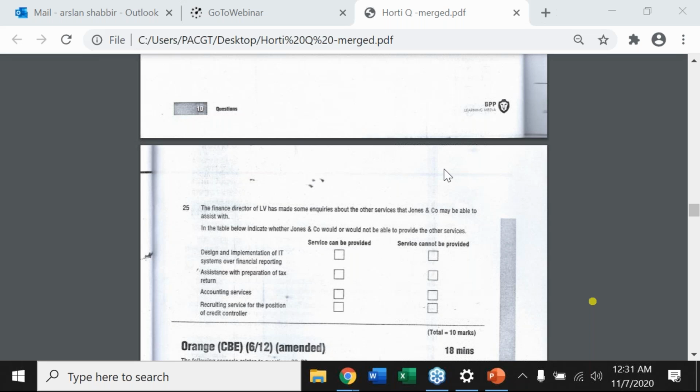If you use this strategy, it is easy for you to finalize or select the best option. So remember, always try to exclude the options on which you have the confidence that they are totally wrong.